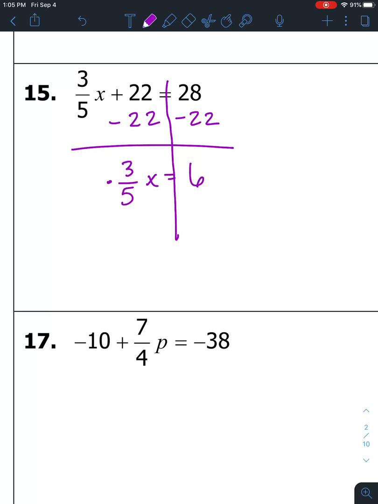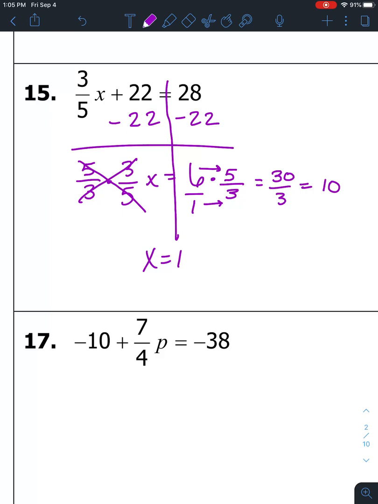To get rid of that fraction, I have to multiply by the reciprocal. So I'm going to multiply both sides by 5/3. These go away, so that gives me x equals, and again multiply across. So that gives me 30/3, which just reduces down to be 10.